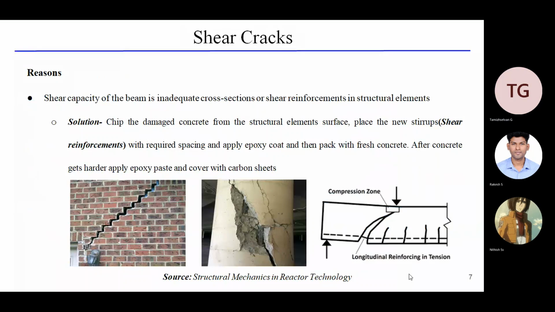The solution required for shear cracks is to chip the damaged concrete from the structures. As we can see, the damaged sections are chipped out, and additional reinforcement is applied, with an epoxy coat, and packed with fresh concrete.